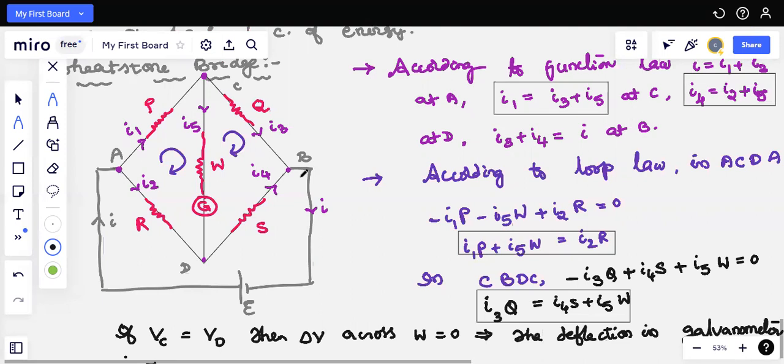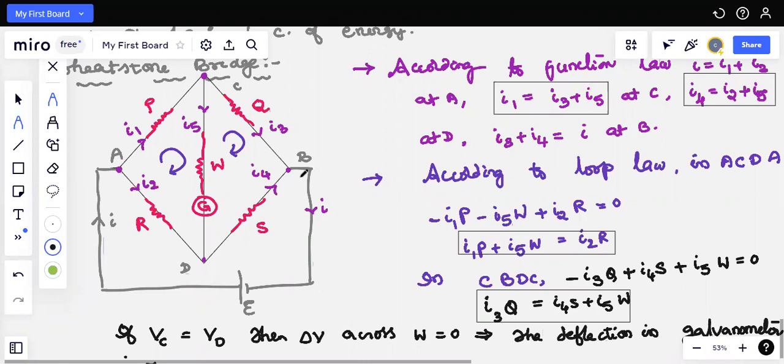If you remove it from the circuit, you know these two are in series, those two are in series, and again they are in parallel. These two are in series and I1 should equal I3, in series current should be the same. You will get the equation here: I1 equals I3 if I5 is equal to 0.